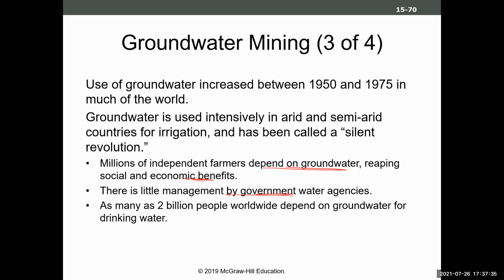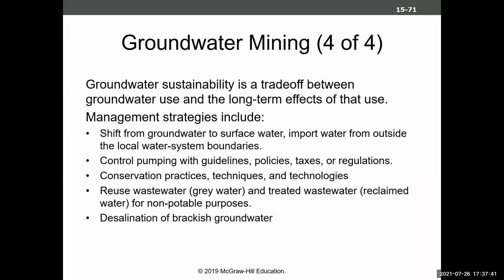And if you look at it globally, about 2 billion people depend on groundwater for a drinking resource. And so, that can show why there's a lot of groundwater mining that actually happens, because it's such a primary way that people get water as a resource.